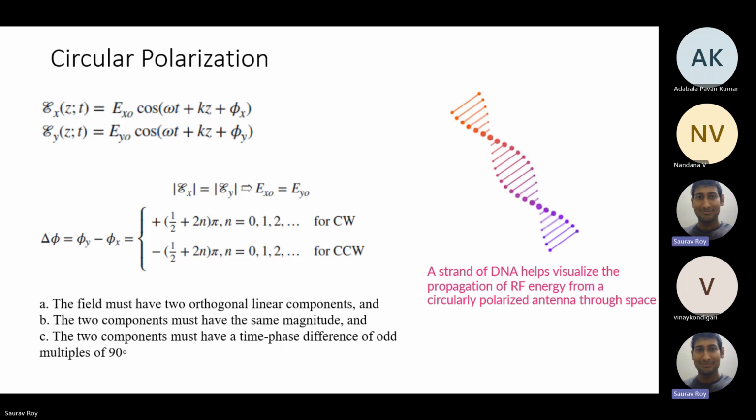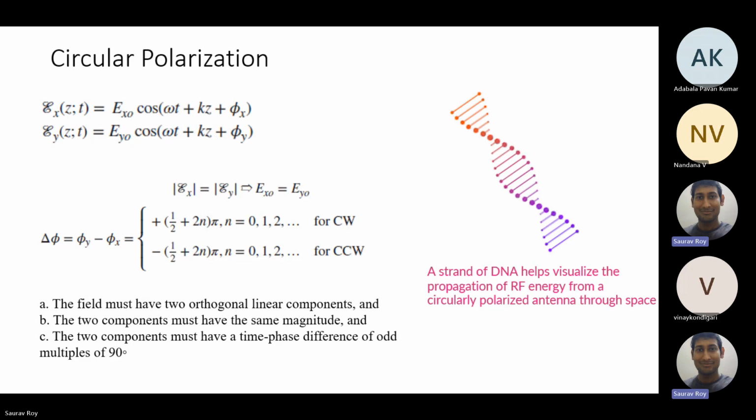Okay, and the same thing is written here. The field must have two orthogonal linear components. That means Ey and Ex both have to be present. In case of linear polarization, even if only one component was present, it was happening. But here it will not happen. You have to have both Ex and Ey components. And the second condition says the two components must have the same magnitude.